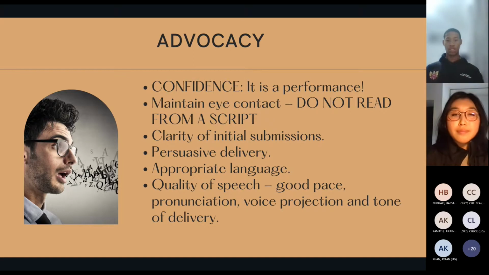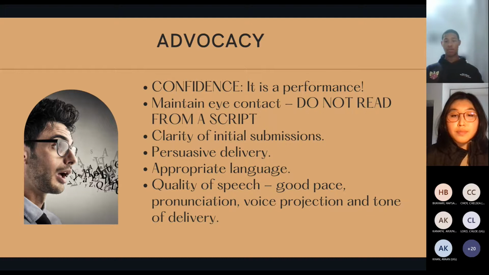When it comes to your quality of speech, you need to have a good pace and pronunciation, your voice needs to be very projective, and you need a very good tone of delivery as well. So make sure you're emphasizing key things, employing some dramatic pauses, and making it seem very dramatic and very performative. Make sure you have clarity in your initial submissions as well.